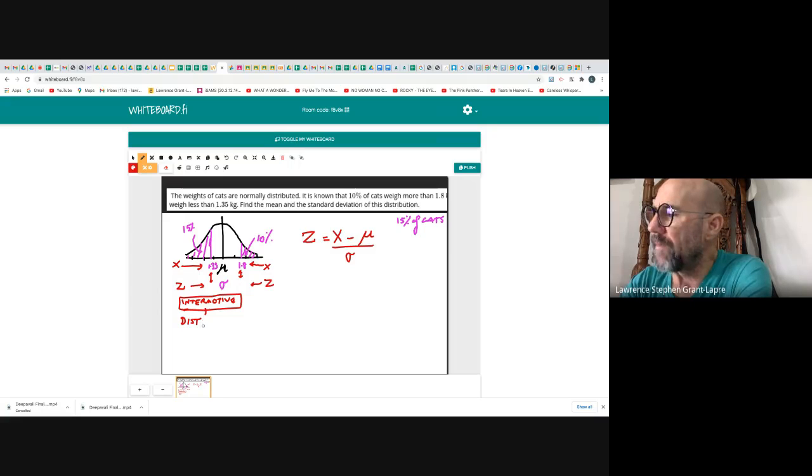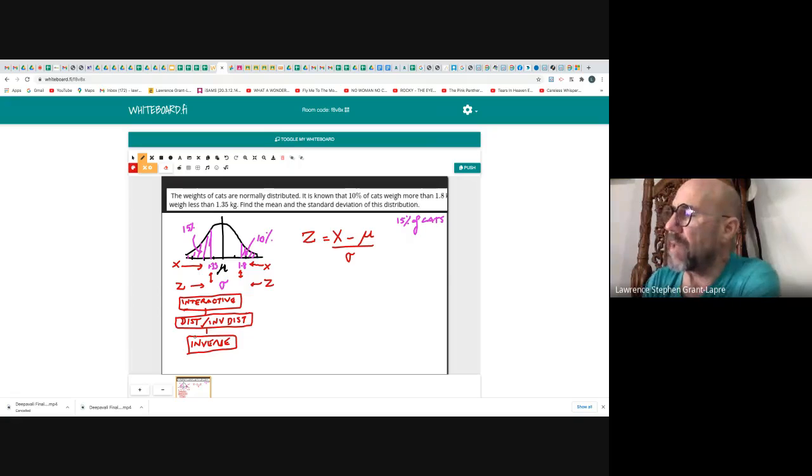We actually want inverse distribution. It is continuous, but we want to put the probability in and get the Z value. The other ones you put the Z value in and get the probability.